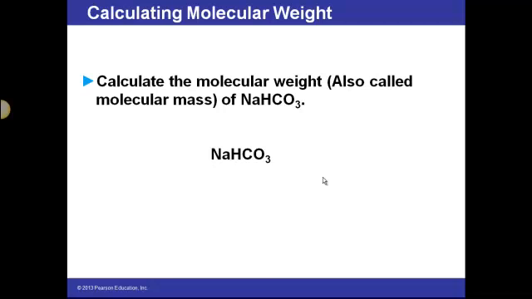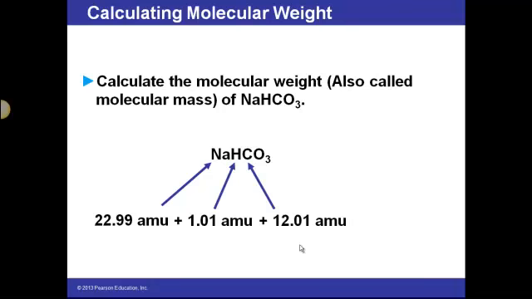So if we were going to calculate the formula weight for this molecule, we need to add up all of the atomic weights of the components of this molecule. If we use our periodic table, we'll see that sodium has an atomic mass of 22.99 atomic mass units. Hydrogen is 1.01, carbon is 12.01, and oxygen is 16 atomic mass units.